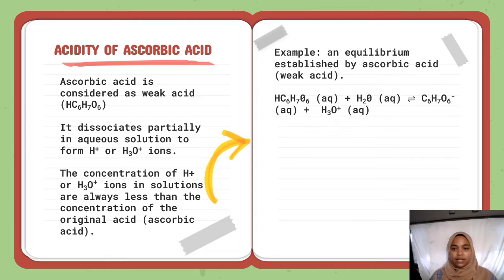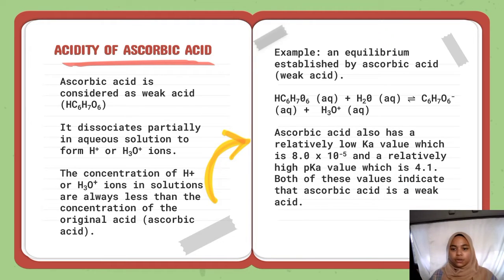For example, an equilibrium established by ascorbic acid plus water will produce C6H7O6- plus hydronium ion. Ascorbic acid also has a relatively low Ka value, which is 8.0 times 10 to the power of -5, and a relatively high pKa value, which is 4.1. Both of these values indicate that ascorbic acid is a weak acid.